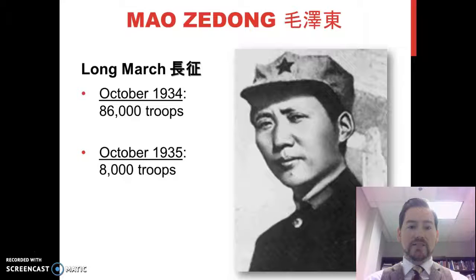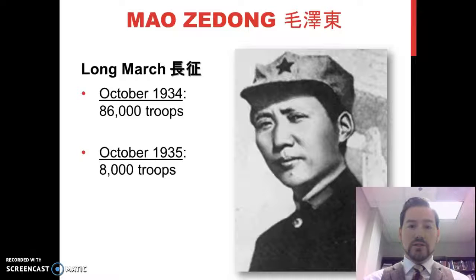It goes from 86,000 to 8,000 troops. So huge losses throughout this long march. But it establishes Mao as this huge figure, this really important revolutionary figure people look up to, and the communists are able to survive this long march, and they're able to continue on in China.